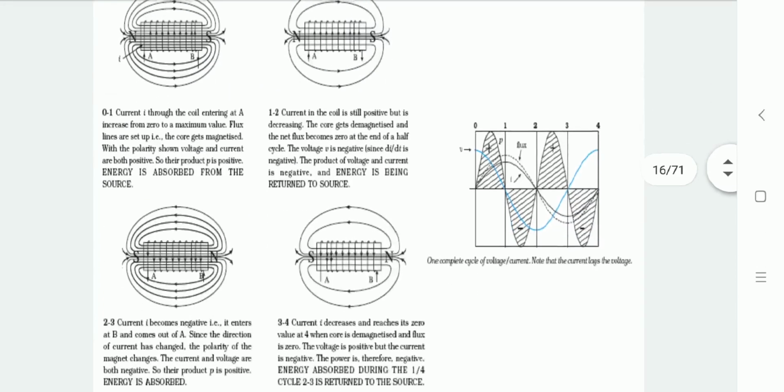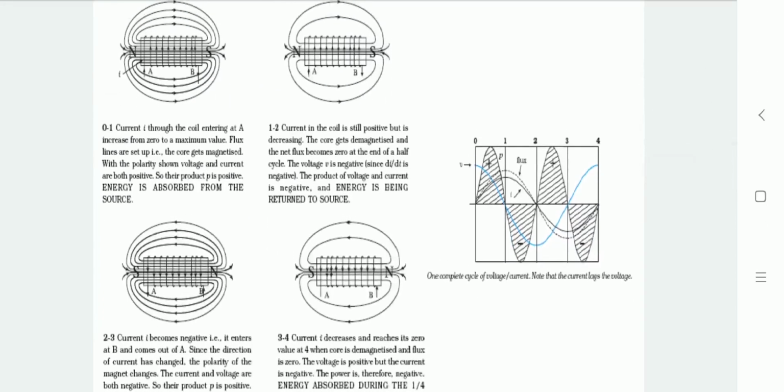The whole operation we can understand from this diagram for the inductive purpose, that is, how the current and voltage are flowing. Let us focus on the first diagram, in which there are n number of turns for the coil.